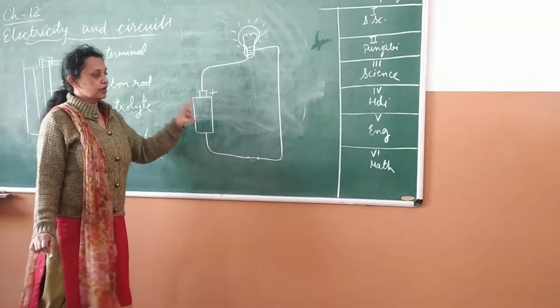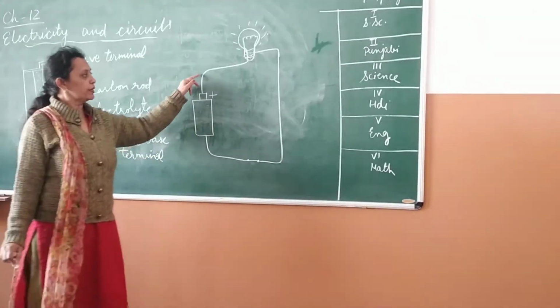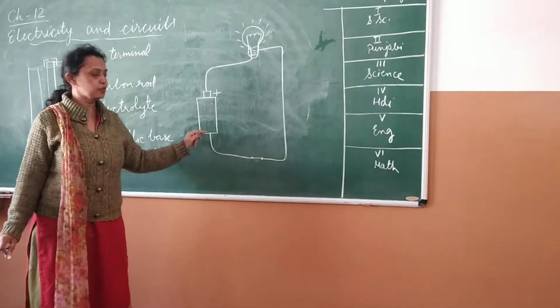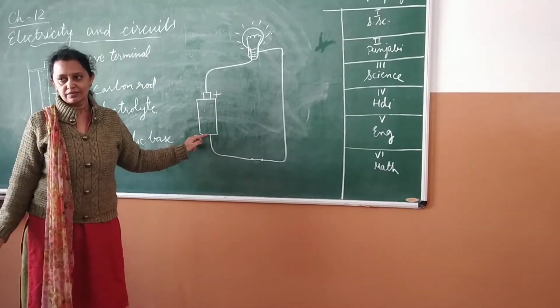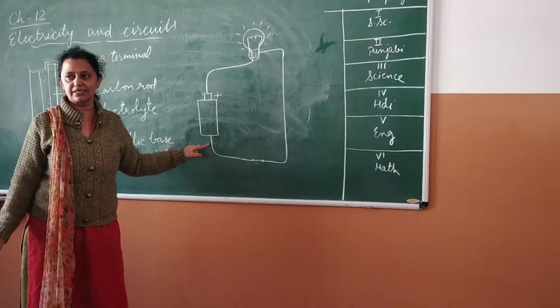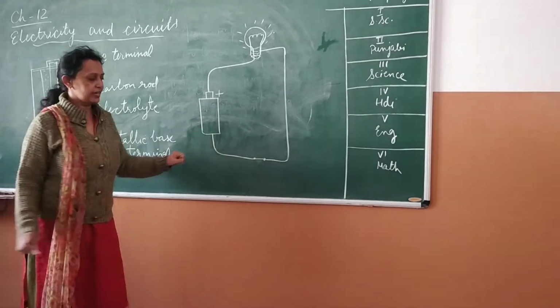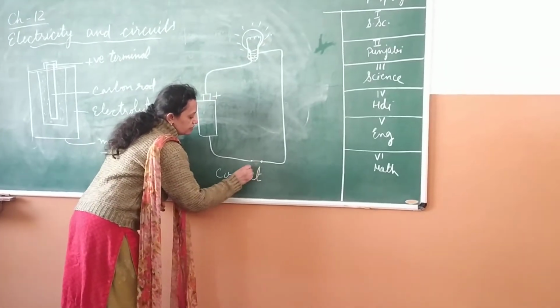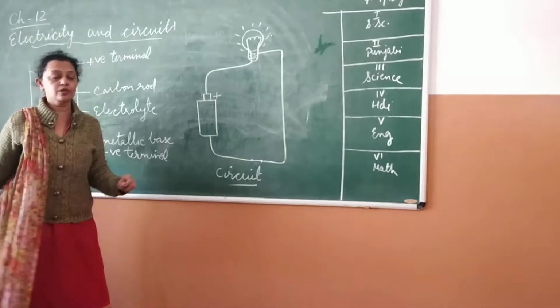Okay? And what is a circuit? It is the complete path which allows electricity to pass from one terminal of the cell to the other terminal. So what is a circuit? You have to draw it also.